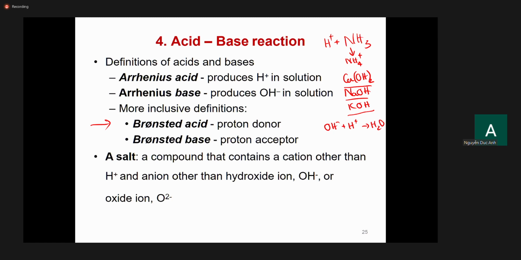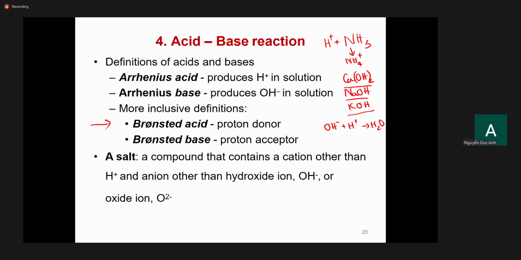A salt is quite similar to acid and base, but the cation in that compound is not a proton anymore; it's another cation like sodium, potassium, calcium, iron, or cobalt. And the anion is other than hydroxide, so it's not OH or oxide, O2 minus anymore.